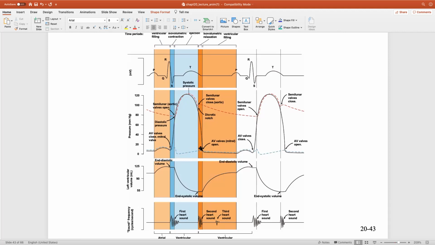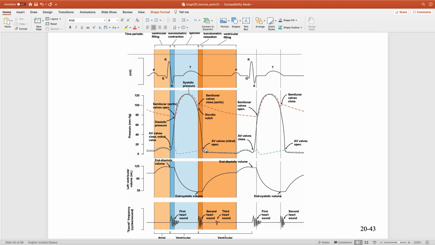As the left atrial pressure in this dotted blue line exceeds the left ventricular pressure in the black line, we now have opening of the mitral valve. Again, it's the pressure difference. So as the left atrial pressure exceeds the left ventricular pressure, that valve that was closed over here now opens up over here. And it's a sign that we are now starting a new cycle.